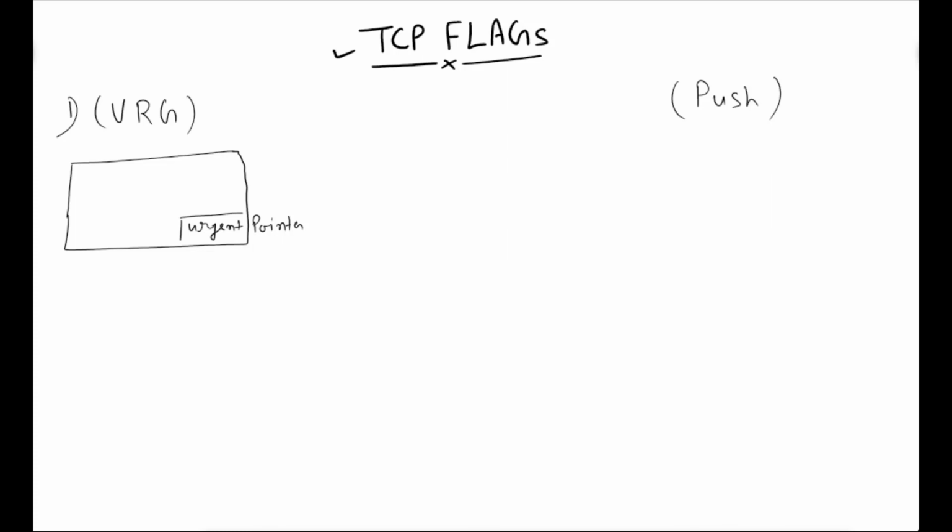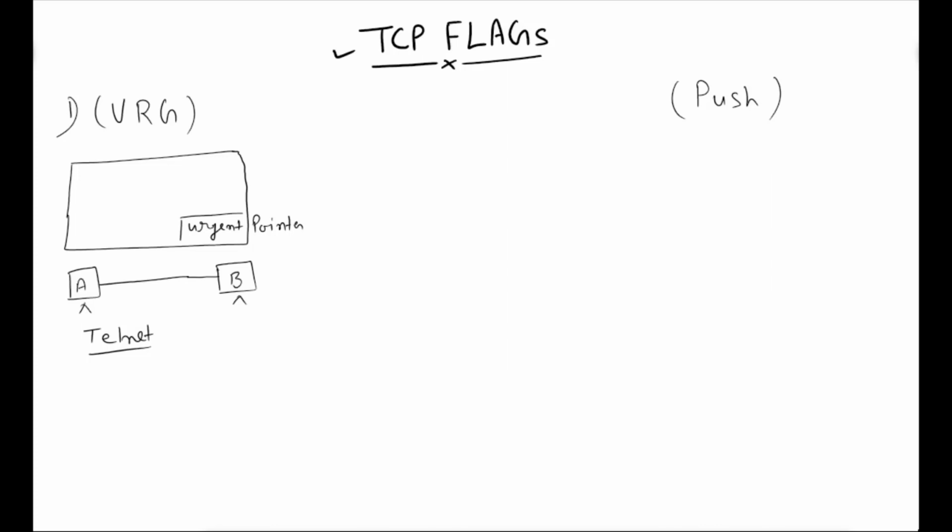Whenever a packet is sent from host A to host B, and they want the packet to be immediately transferred to host B, they can use the urgent flag. Telnet is an example for the urgent flag.